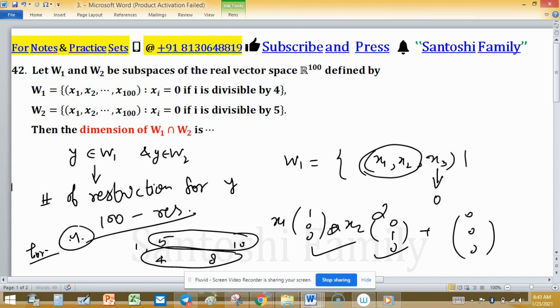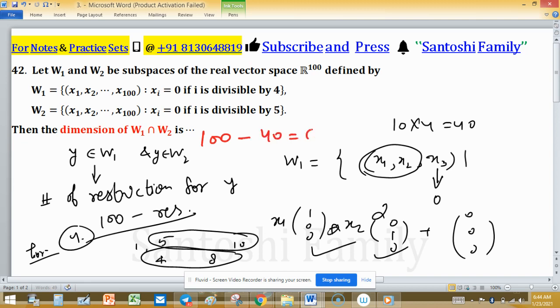From 10 to 20 there will be 4 restrictions, and 30 to 40 there will be 4. So up to 100 we break 100 into 10 parts, and in each part there are 4 restrictions. So the total restrictions are 10 into 4, which means 40. So you take 100 minus 40 as the dimension, which equals 60. 60 is your final answer.